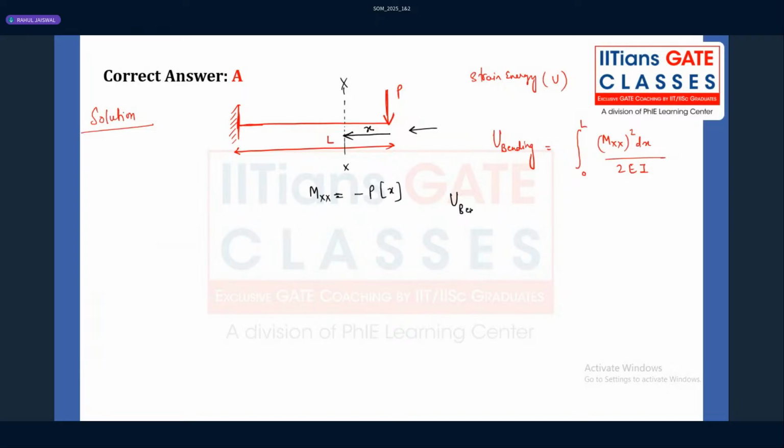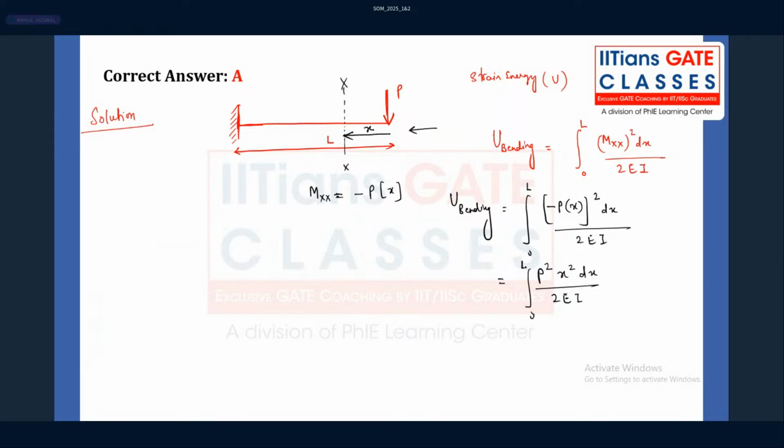So if you put the values here, integral 0 to L of minus P x, whole square, dx upon 2 EI, then P square x square dx upon 2 EI, 0 to L.